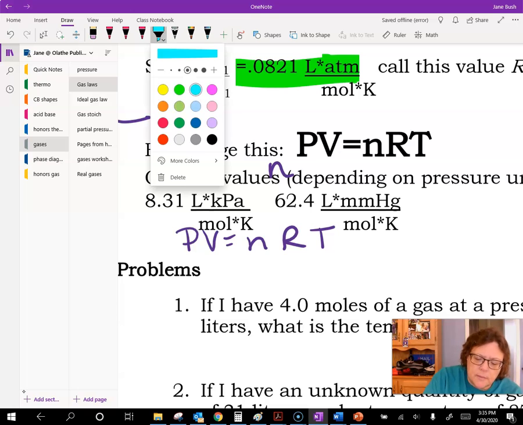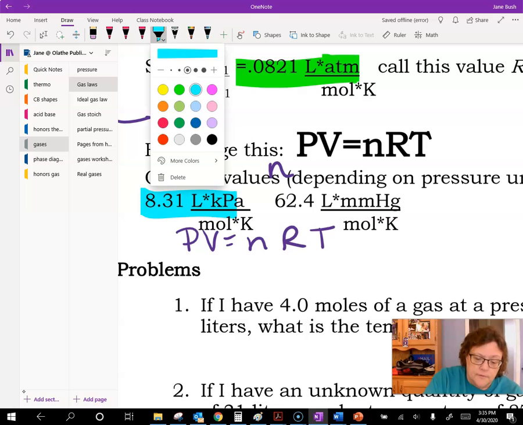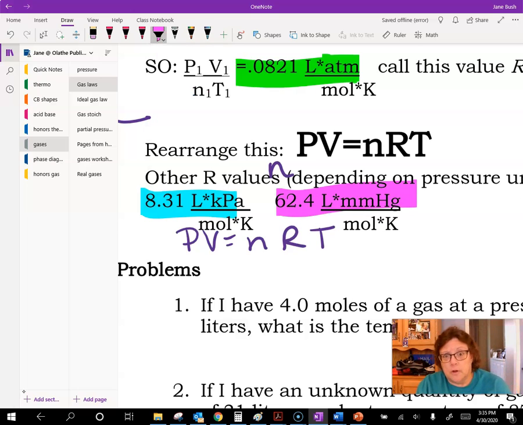But what if you're using kilopascals? Then you use 8.31. And what if you're using millimeters of mercury, which you learned about when you watched the barometer video, because you actually are measuring the height of the mercury column in millimeters? You would use 62.4. So you can use any of them. This is the one that I use, and this is the one I would always recommend.